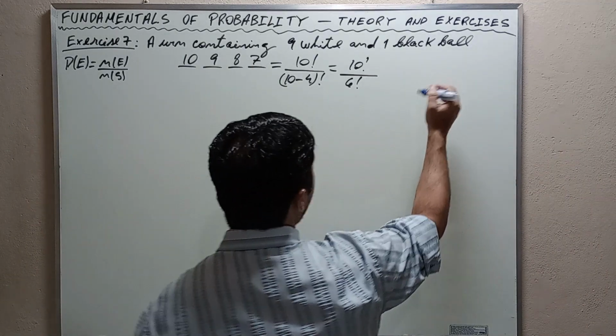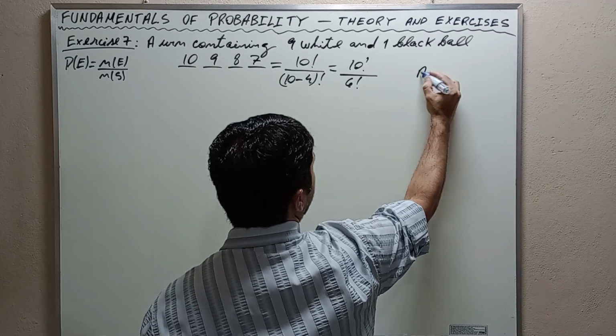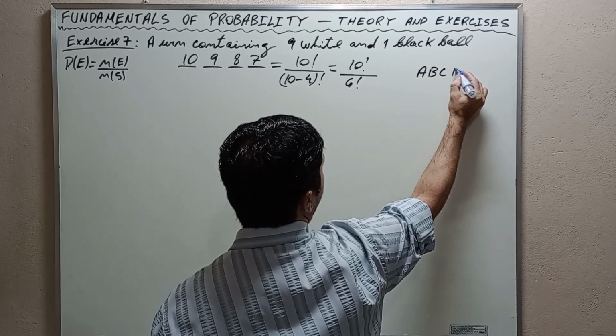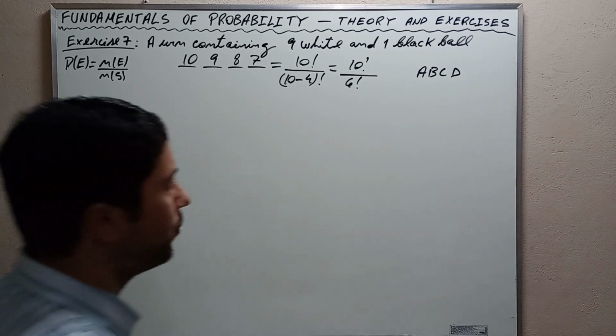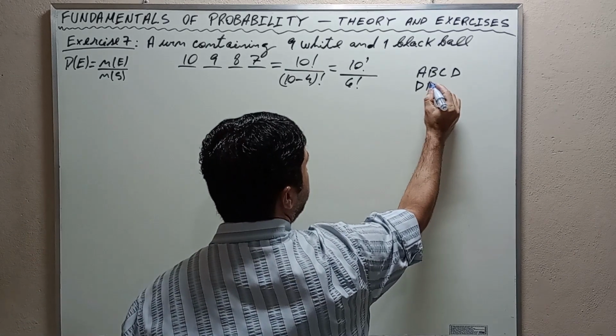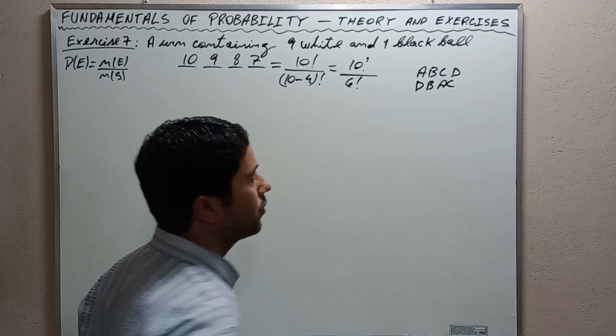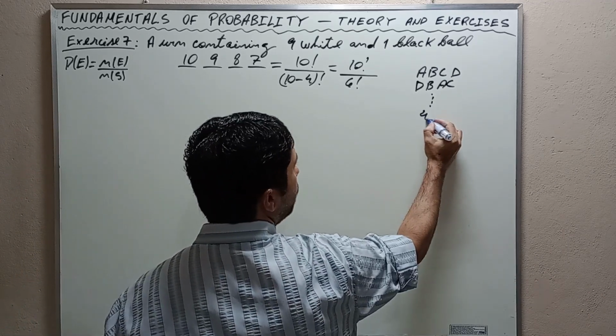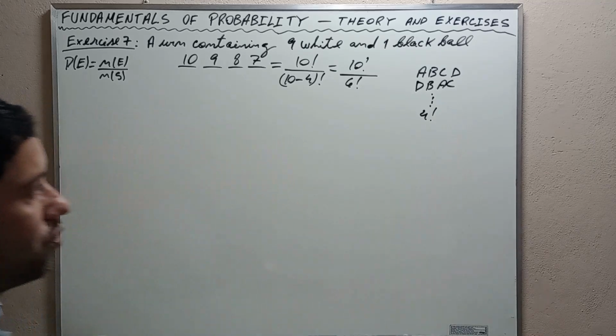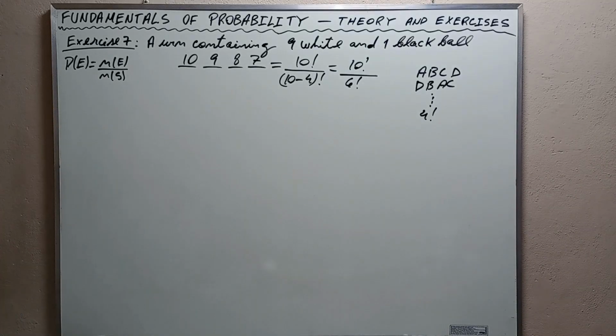Ball A, ball B, ball C, and ball D make up the same group as B, A, C, and so on. So there will be 4 factorial permutations of the same balls, and this is what we call the repetition of the balls. We have to remove the repetitions.